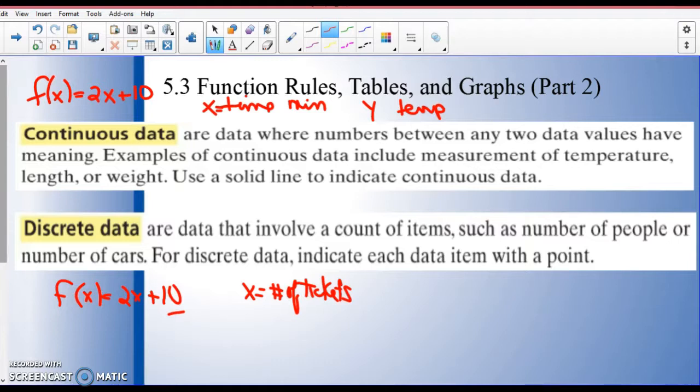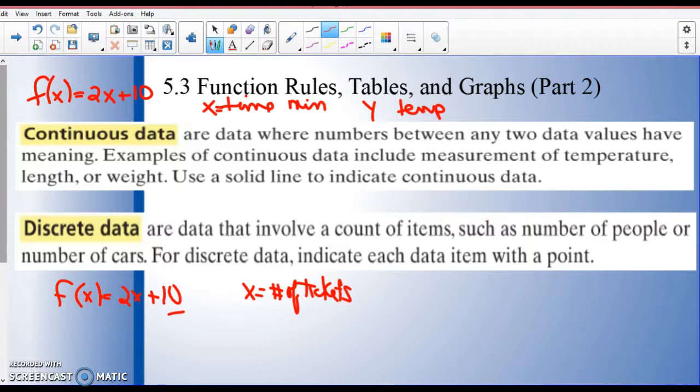If you buy one ticket, how much are you going to spend? $12. If you buy 2 tickets, how much are you going to spend? $14. In this scenario, can you spend $12.10?